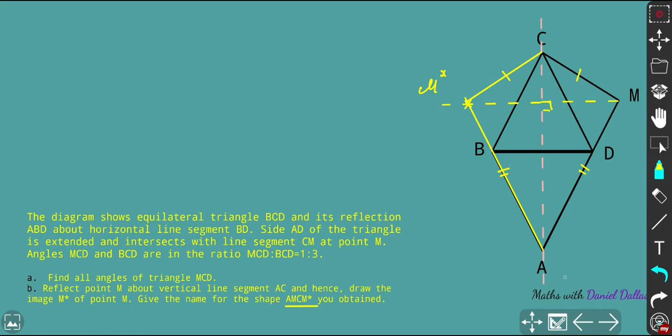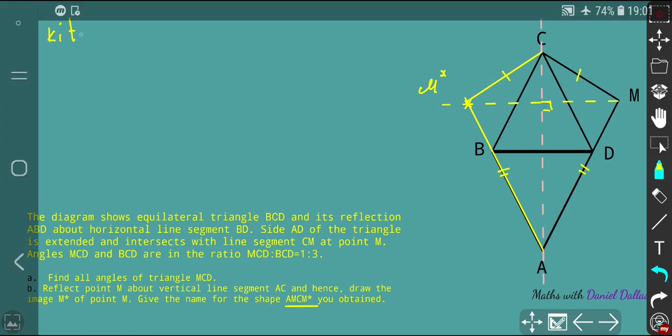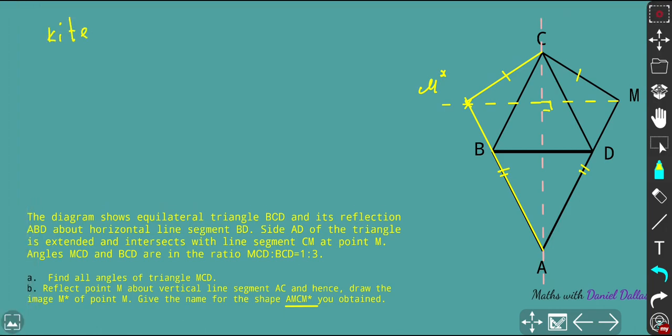So this shape is called a kite. I hope you understand why that is so and how reflection works. That was transformation, called reflection in this particular case.